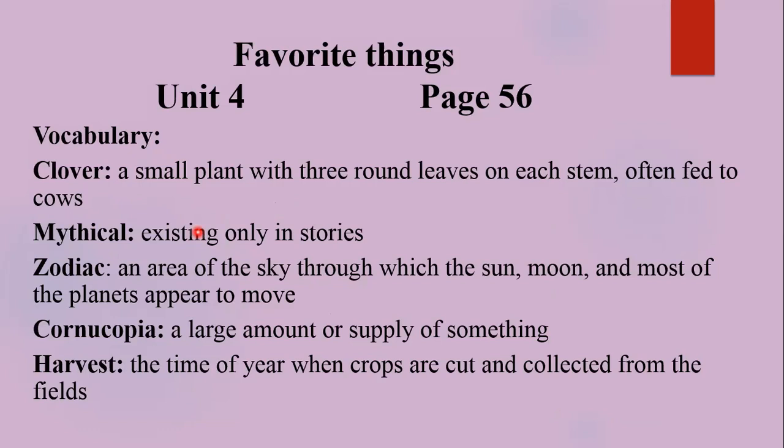Basically, it is displayed by a specific diagram. We also call it zodiac. Then cornucopia, a large amount or supply of something, is called cornucopia. Harvest, the time of year when crops are cut and collected from the fields, is called harvest time.